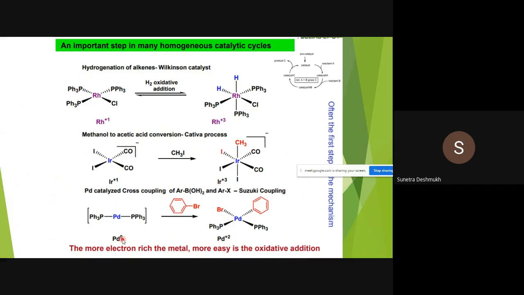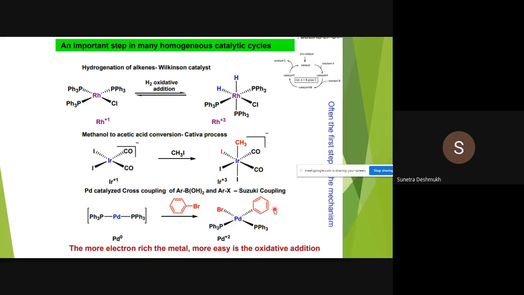That means here you can see palladium is in zero oxidation state. That means palladium possesses its electronic configuration as it is. There is no loss of any electron from the original electron configuration of palladium. So that's why the metal is electron rich, and as the metal is electron rich, it can give its electrons to another ligand.